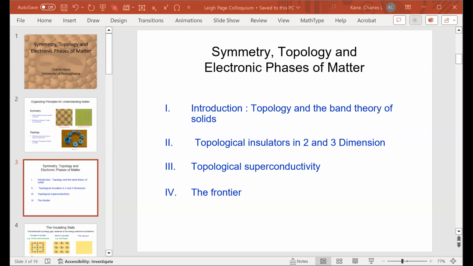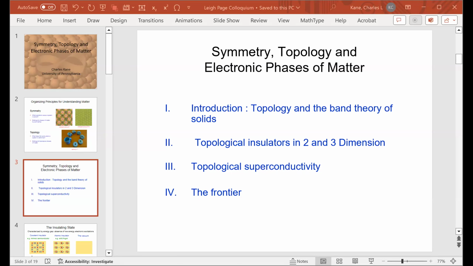The simplest electronic insulator would be a crystal of inert atoms, say solid argon. Maybe that's kind of a boring insulator. Things are more interesting when you have atoms that interact more strongly with each other and form covalent bonds. The language that we use to describe the electronic structure of covalently bonded insulators is called the band theory of solids, and this was one of the huge triumphs of quantum theory in the 20th century.